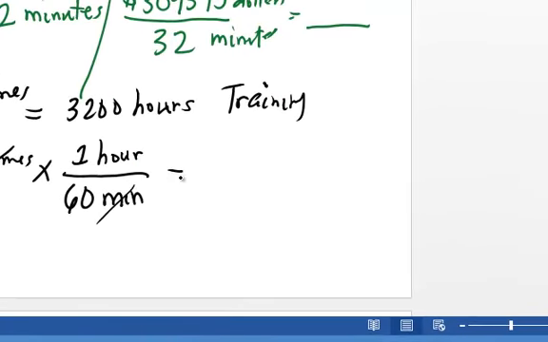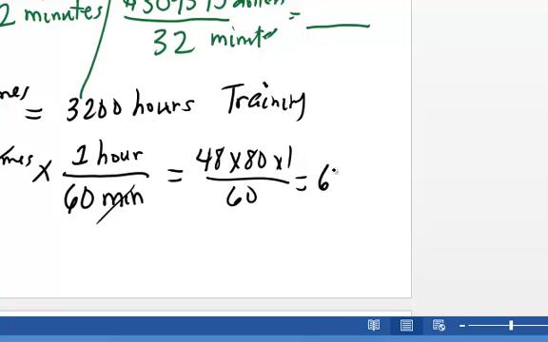So what this will do is it will give me the games canceled out, the word minutes canceled out, and it will give me how many hours of game playing he did. So I've got 48 times 80 times 1 on top and 60 on the bottom. If I do the math, I'm going to get, believe it or not, 64 hours.